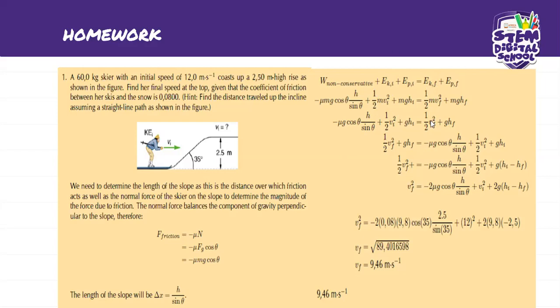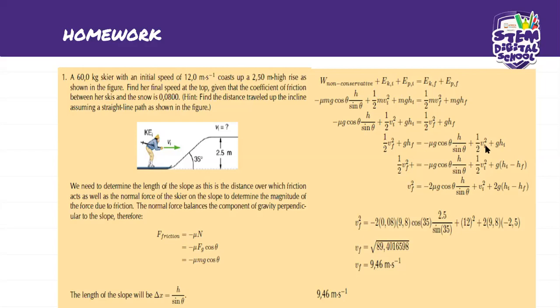What has been done here is that we've grouped them, like we did with the problems we did last week. The initial ones we put on one side, and the final ones we put on one side. So this is the kinetic energy final plus potential energy final.